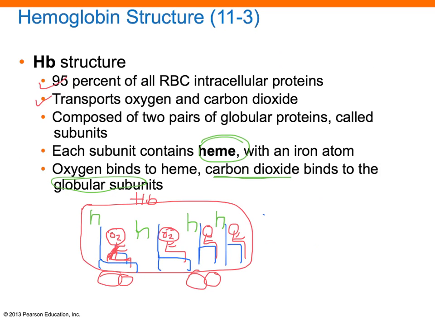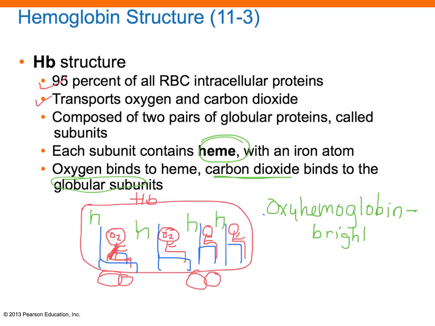When oxygen is bound to hemoglobin, we call it oxyhemoglobin. And oxyhemoglobin is bright red. So you have oxyhemoglobin once that bond takes place, and that will be a bright red color.